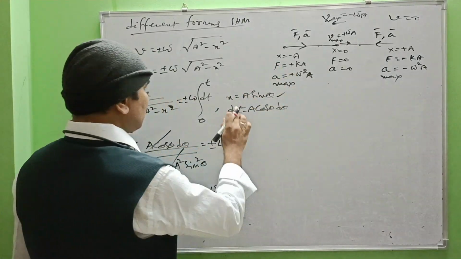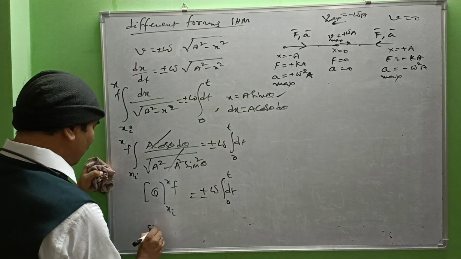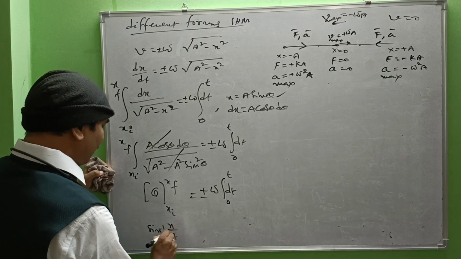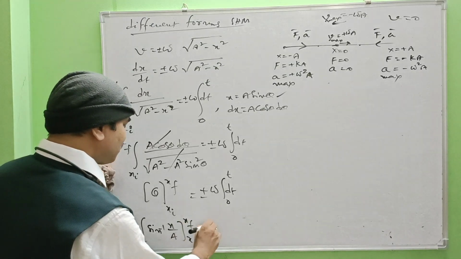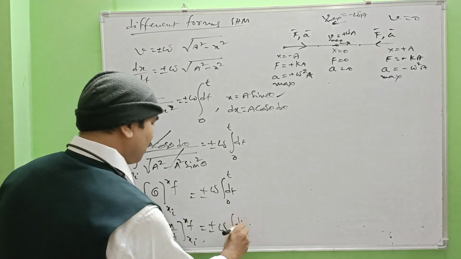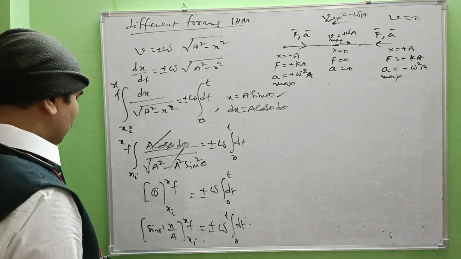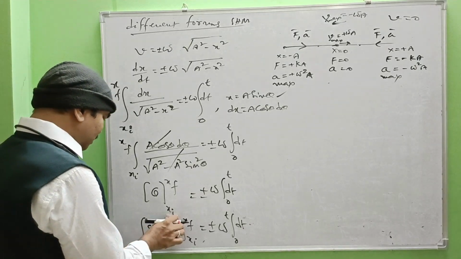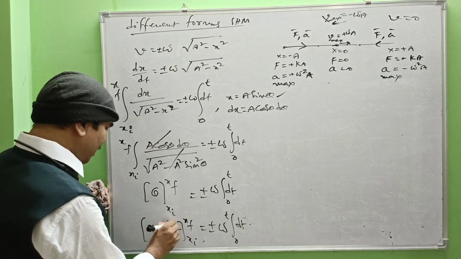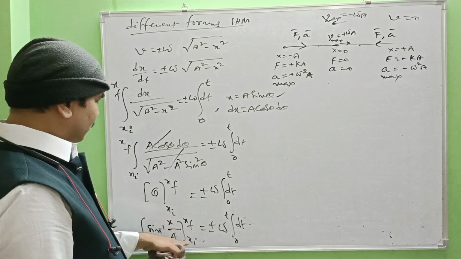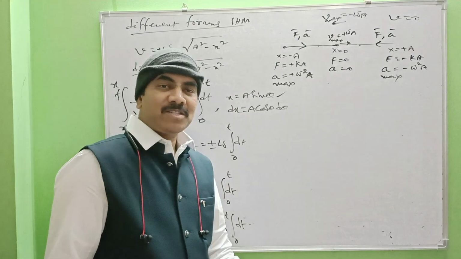So sin inverse x by a under limits initial position to final position equal to plus or minus omega into integral dt from 0 to t, right? So this is the general expression: sin inverse x by a under limits xi to xf equal to plus or minus omega into integral dt under limits 0 to t.